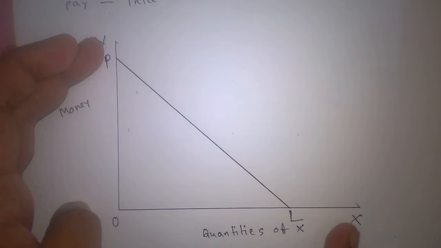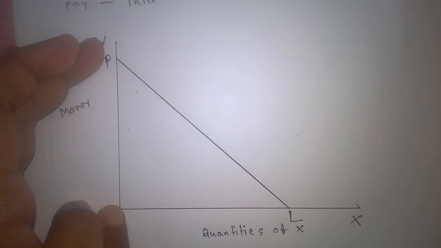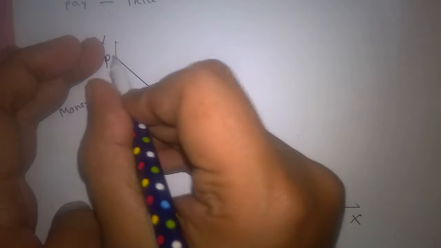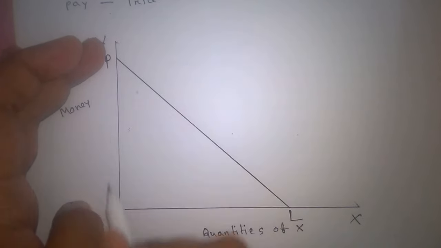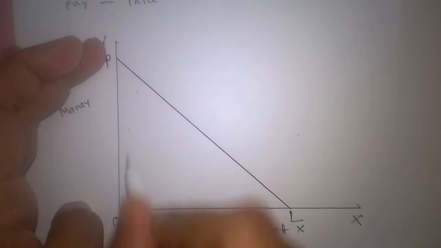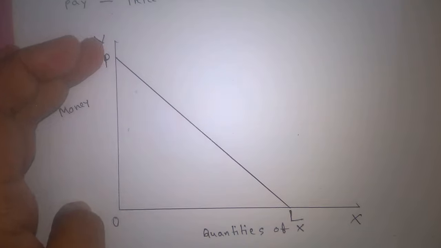So the quantity of the product will be zero, and the amount of money is OP. So this is one thing you can do. You can keep all your money in your pocket, so you have a maximum of OP amount of money.